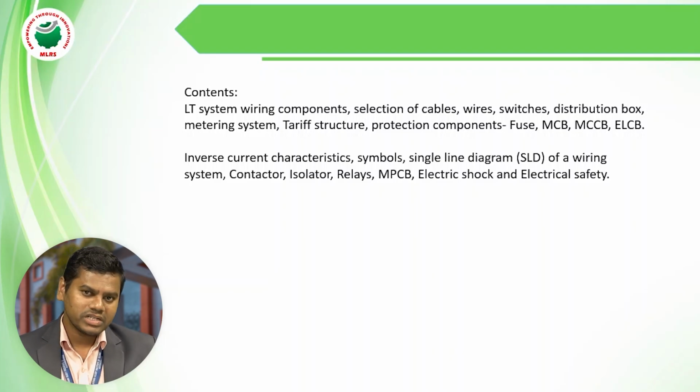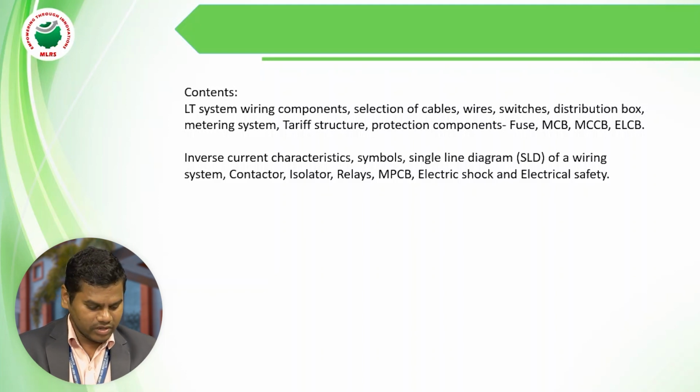After that come inverse current characteristics, symbols and single line diagram for wiring system, contactor, isolator, relays, and MPCB, not MCB, MPCB, and electric shock and safety precautions. These are the contents in the first module.